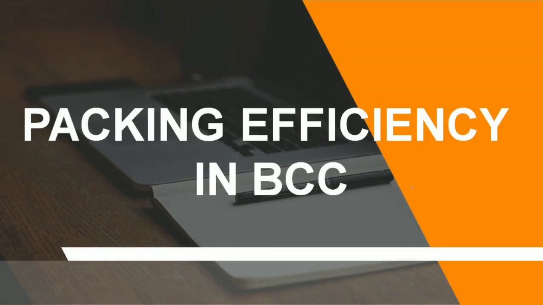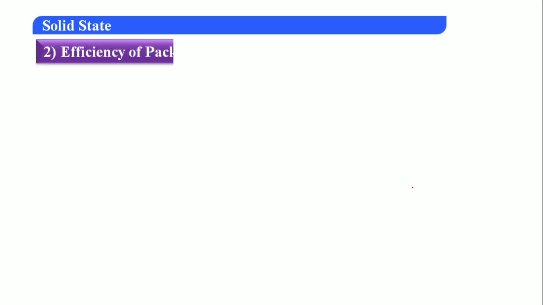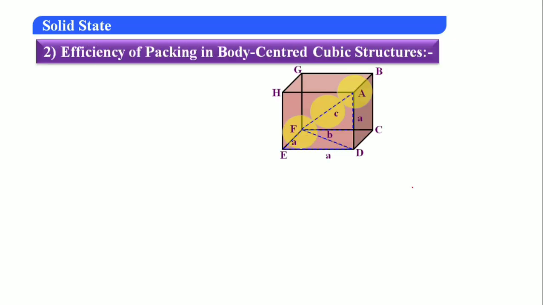Next we'll move to packing efficiency in BCC. In BCC also you draw the same structure, only the difference is that particles touch each other along the body diagonal. Remember AF, whatever you are seeing, from A to F there are 4R, which we have written as C here, right? Now here two triangles are there. One is triangle AFD, but using AFD directly we cannot calculate because FD we don't know.